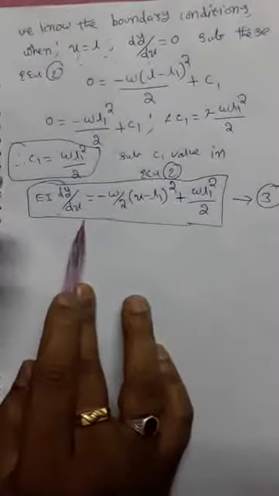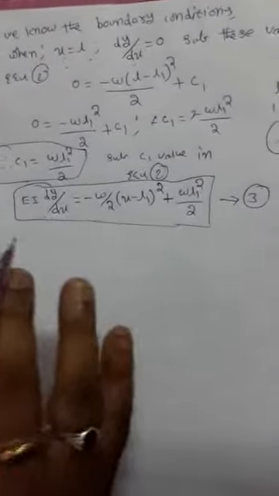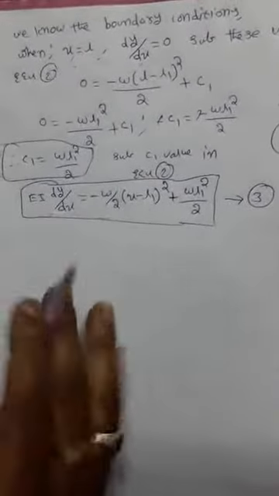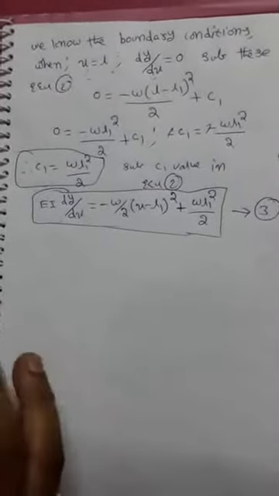After getting this slope equation, you can find the slope anywhere on this particular cantilever beam. Then you can find the maximum slope.